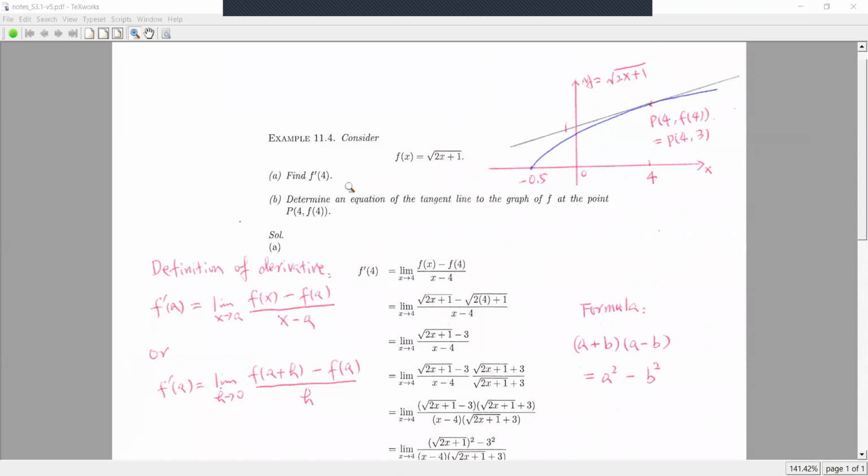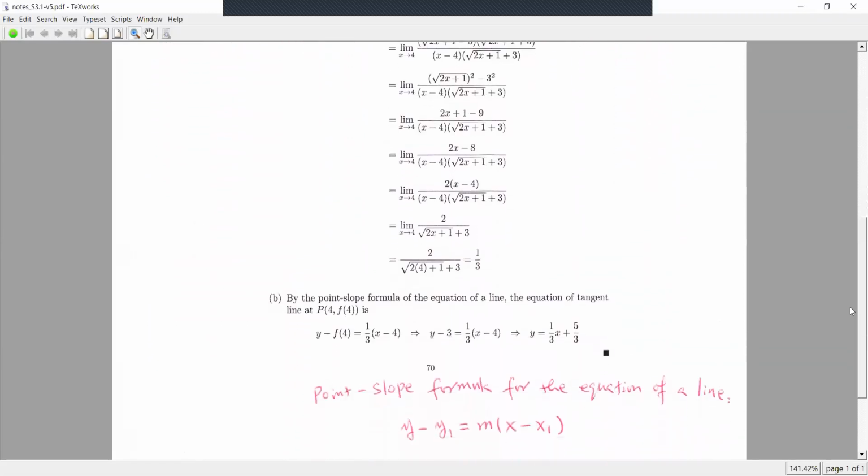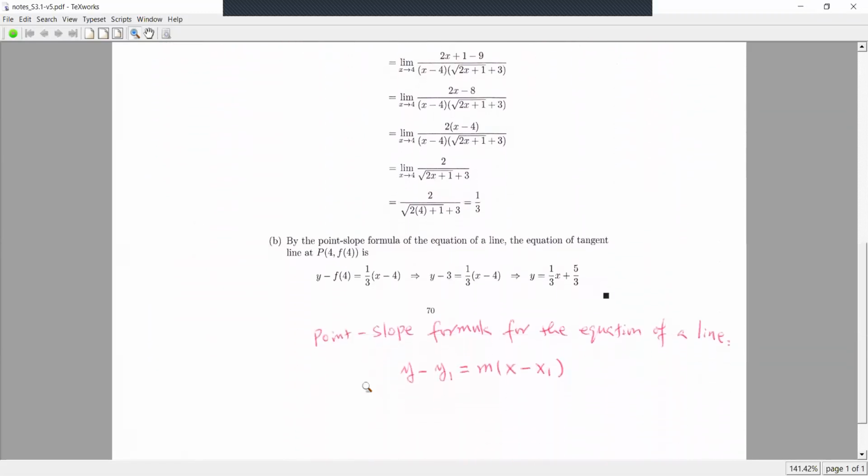By fact number 1, the derivative at 4 is the slope of the tangent line at the point P. The point P, x coordinate is 4. So about this tangent line, we know the slope is 1/3. And also we know one point, the point P on the tangent line. So by the point slope formula, we can write down the equation of the tangent line.